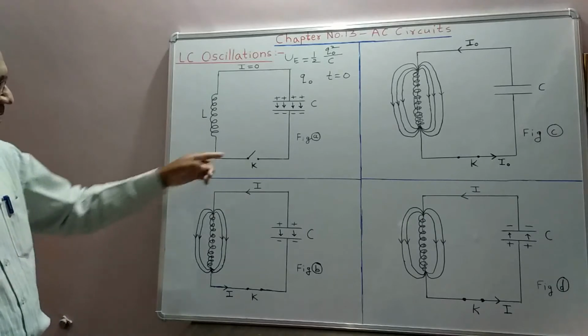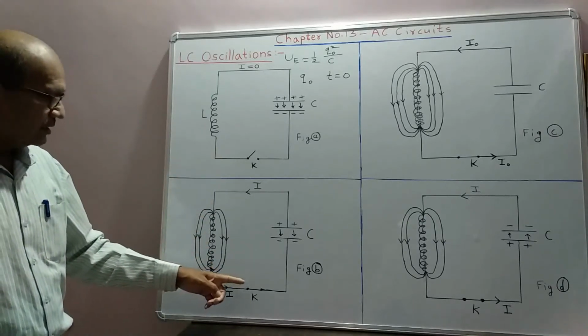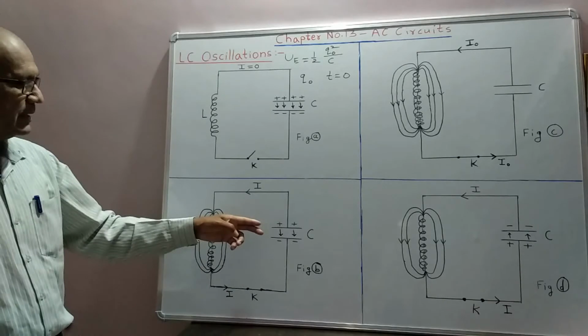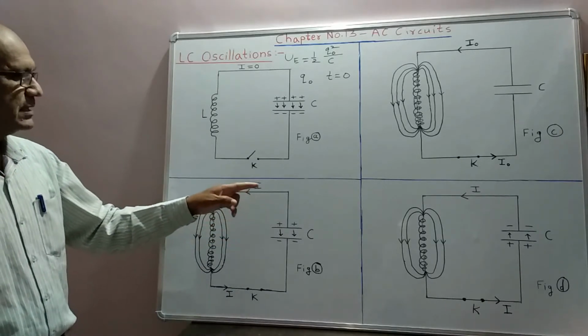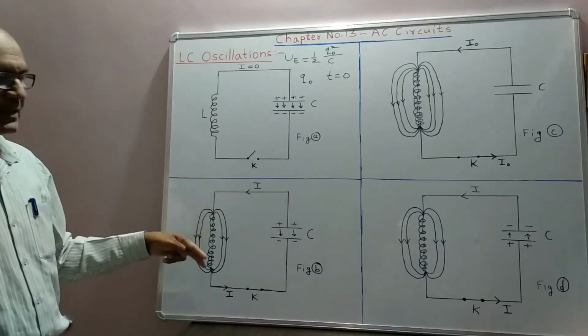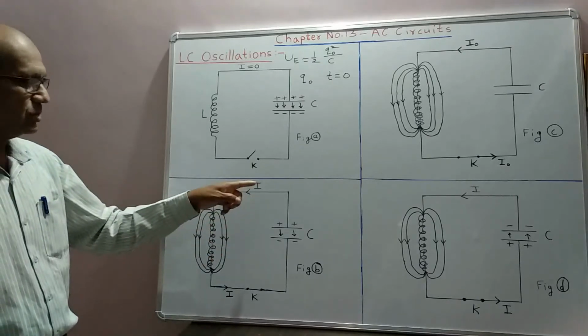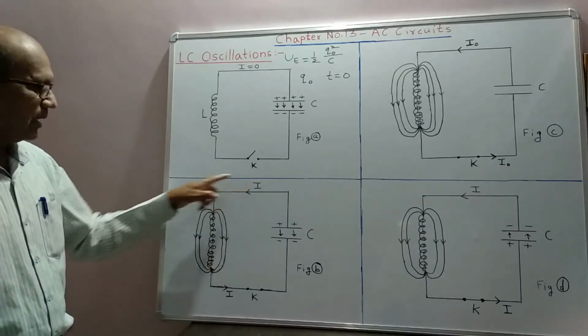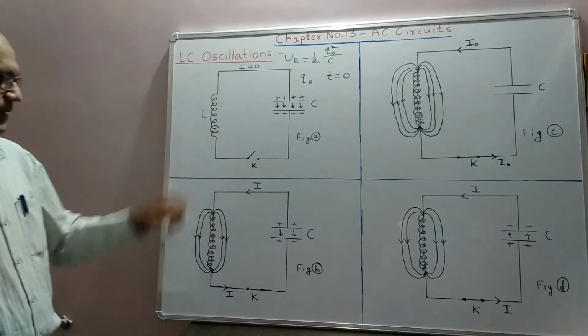Now when the key K is closed, the capacitor begins to discharge through the inductor, giving rise to a current I in the circuit.